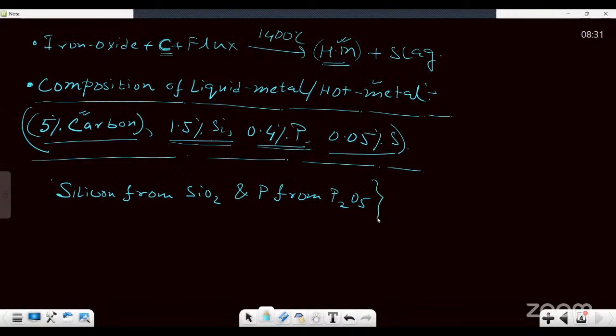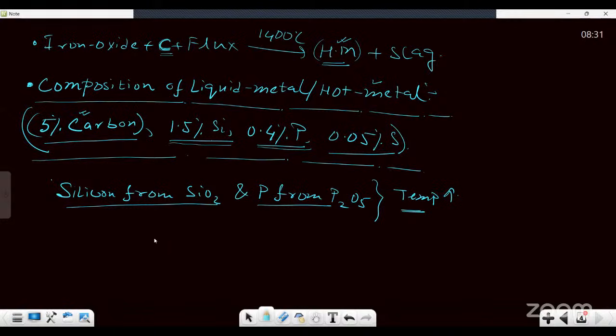And also the temperature is quite high here. Because of this high temperature, the diffusion is going to be more. We know that diffusion depends upon the temperature. So as the temperature is high, they will diffuse more, or faster, into the hot metal. So that is the thing.